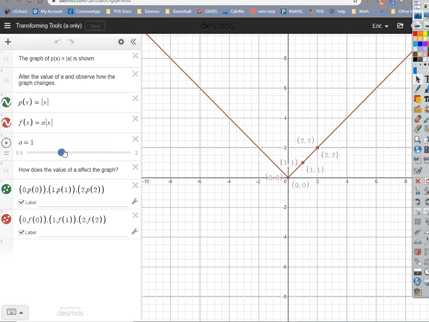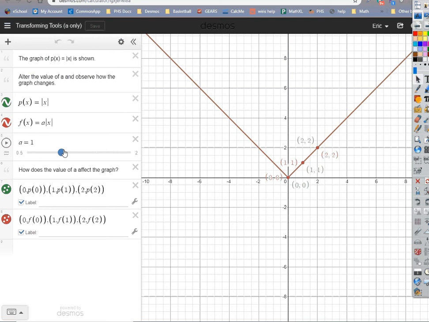If I plug in 1 into my function, I'm getting 1 times the absolute value of 1, which is what? 1. If I plug in 2, I'm getting 1 times the absolute value of 2, which gives me 2. If I plug in negative 3, 1 times the absolute value of negative 3 is positive 3, right?